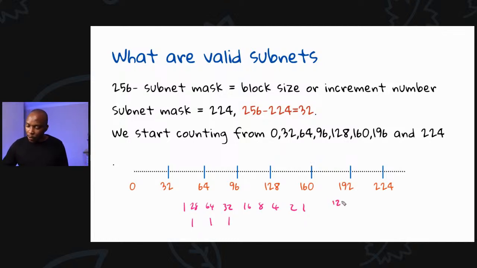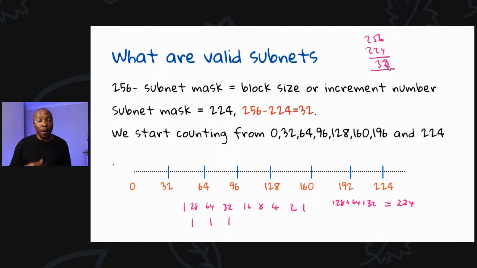So what is 128 plus 64 plus 32? It is equal to 224. 256 minus 224 is equal to 32. So our networks are going to increment in 32s.